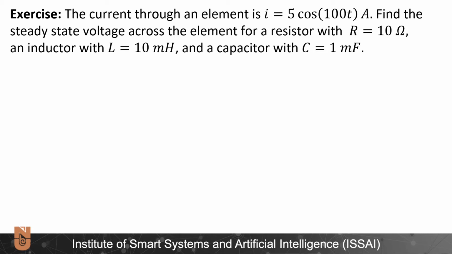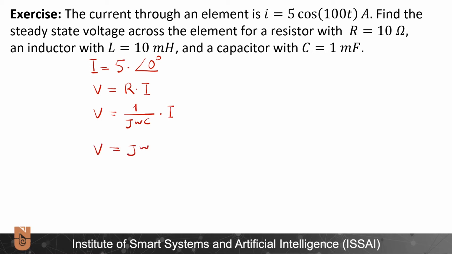Now the first thing I will do is write the current I in phasor notation, which will be 5 times the amplitude and with the angle of 0 degrees. And afterwards I will write the constituent phasor relationships for V, which is V equal to R times I for the resistor, V equal to 1 over j omega C times I for a capacitor in the frequency domain, and V is equal to j omega L times I for an inductor.